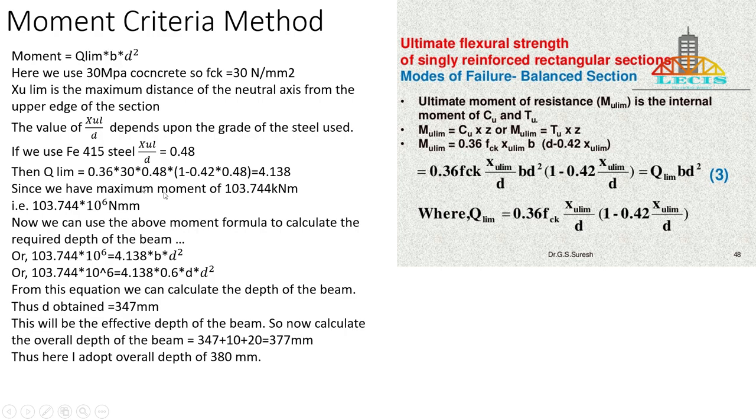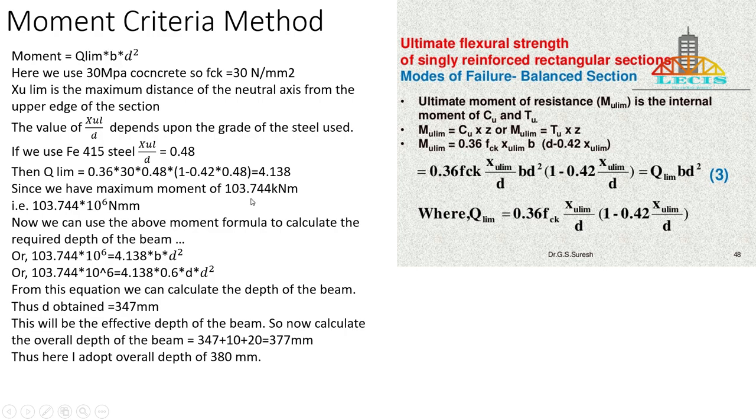Now we can calculate the value of Q limit because we have fck and xu limit by d. Q limit equals 0.36 times fck times xu limit by d, which is 0.48 for Fe415, into 1 minus 0.42 times 0.48. This gives the value of Q limit to be 4.138.